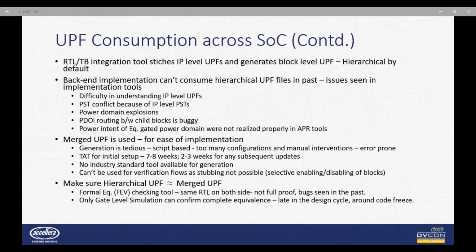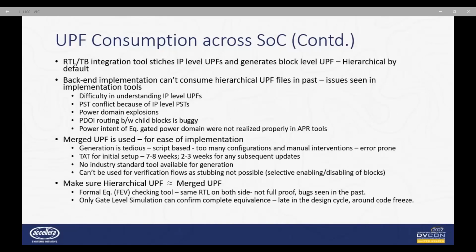Because of roll-up of IP UPFs in bigger blocks, sometimes the count of power domains is significantly higher. This used to cause severe increase in the runtime. Also, PDOI or power domain on instance routing between children blocks was always buggy in the APR tools.